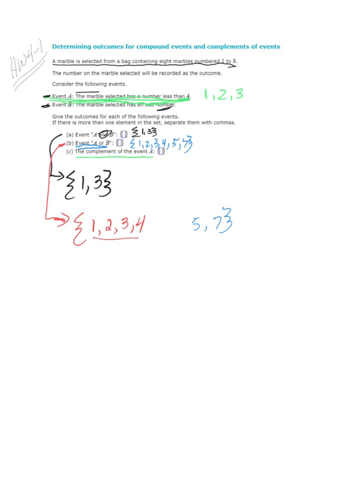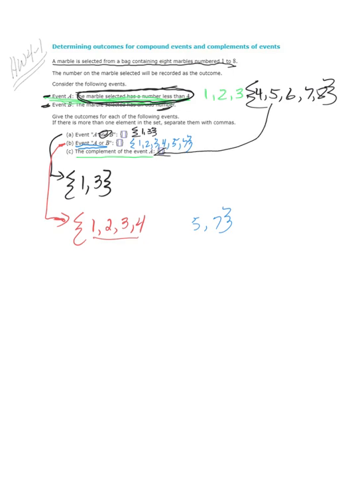The complement is selecting a marble that has a number not less than 4. So your complement would be picking either 4, 5, 6, 7, or 8. These would be the things that are not less than 4. Okay, moving on.